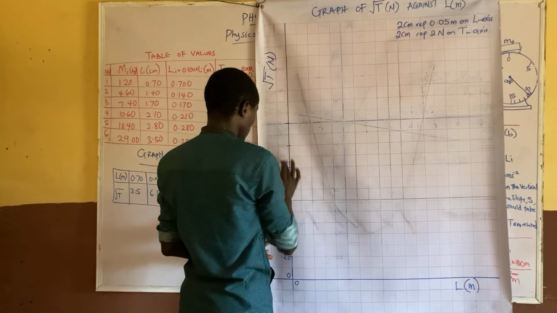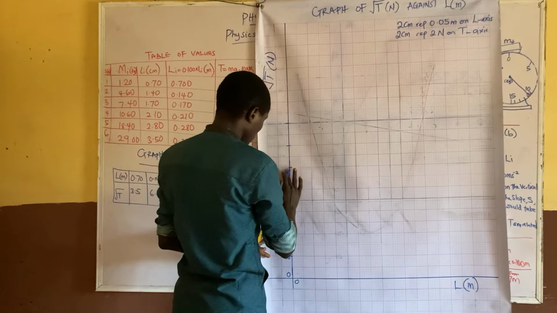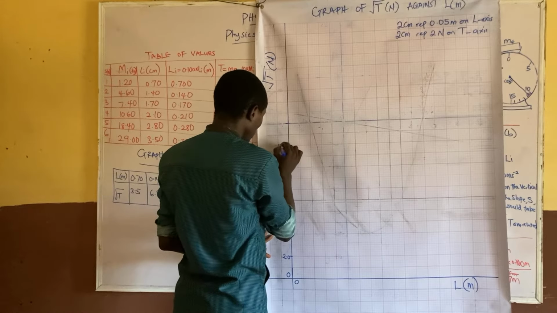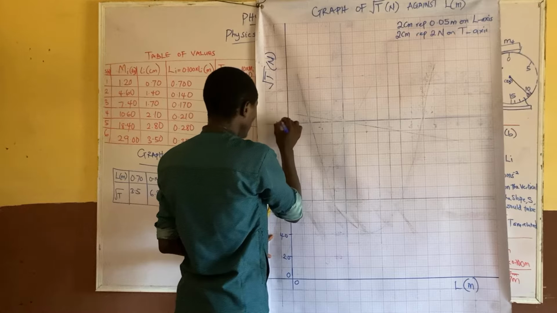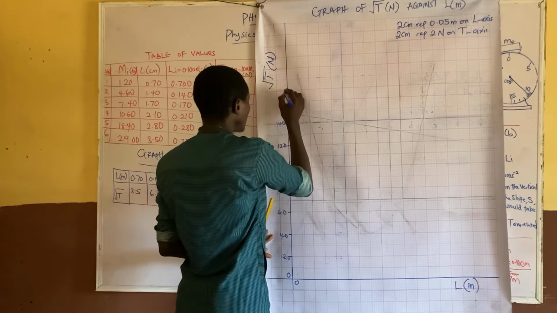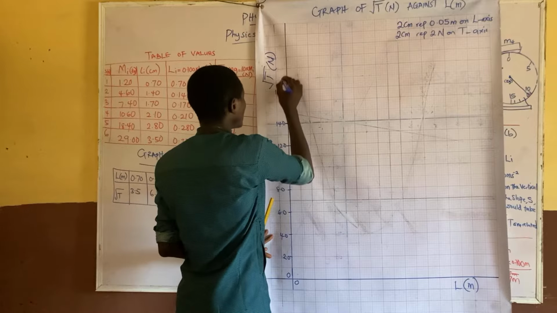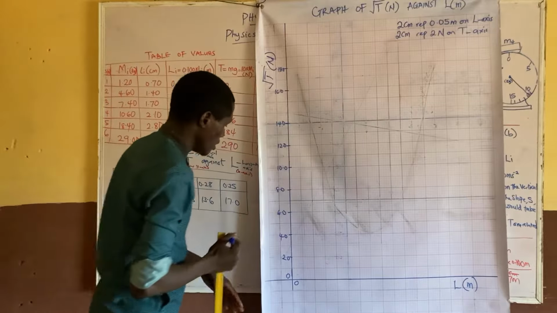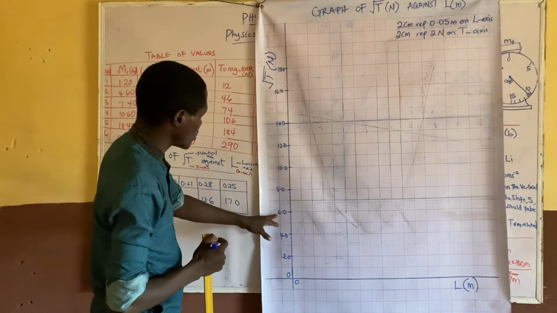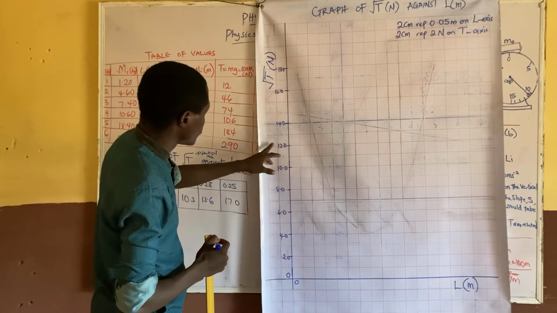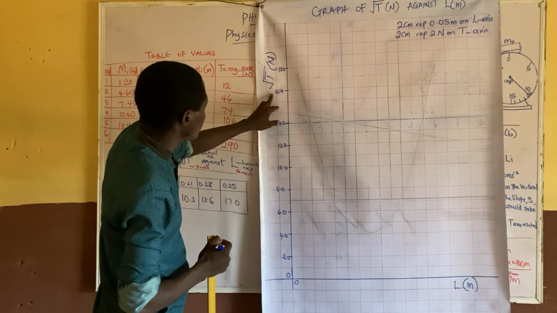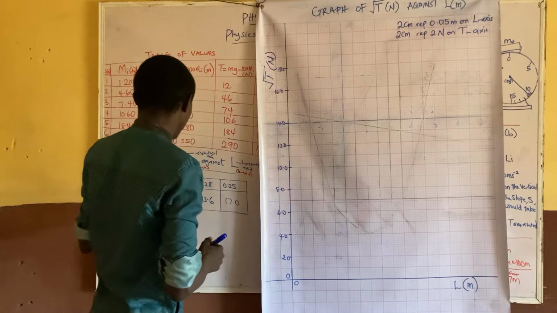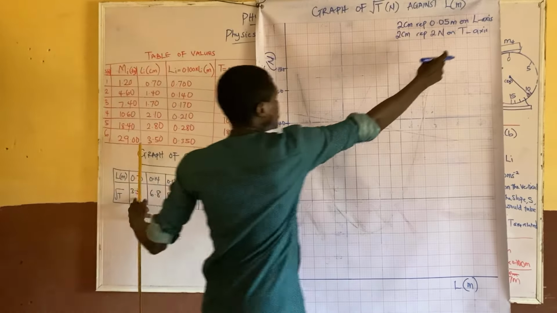So this is 10.0, this is 8.0, 10.0, 12.0, 14.0, 16.0, 18.0. Now again, 2.0, 4.0, 6.0, 8.0, 10.0, 12.0, 14.0, 16.0, 18.0. So that is that for the y-axis, the T-axis.